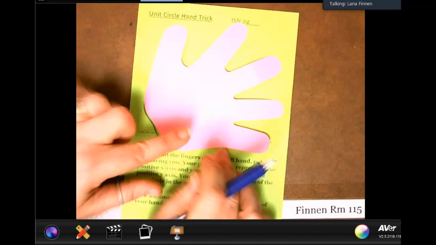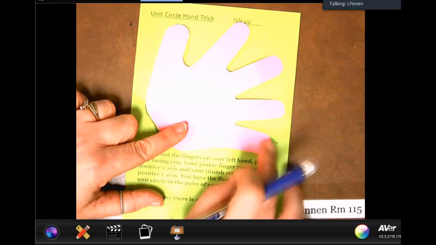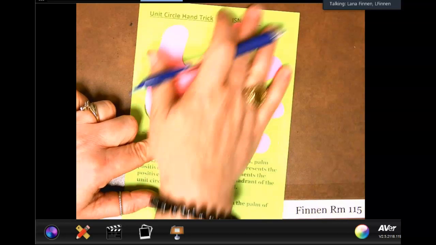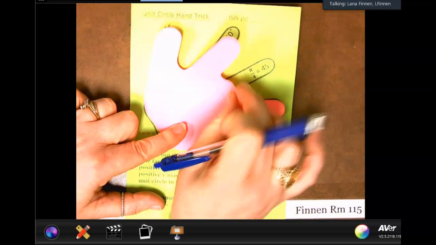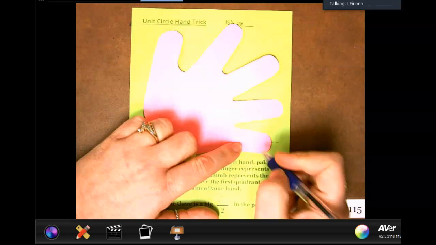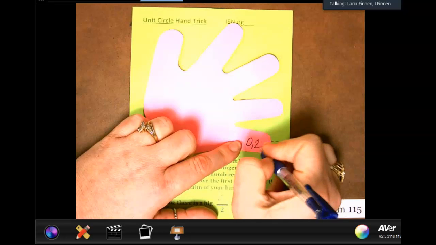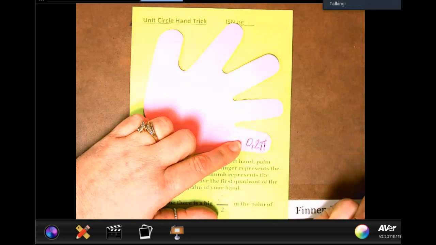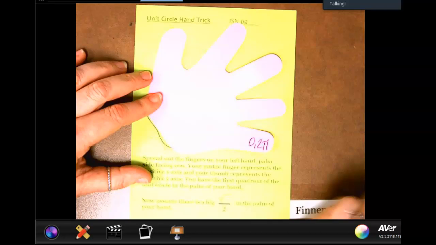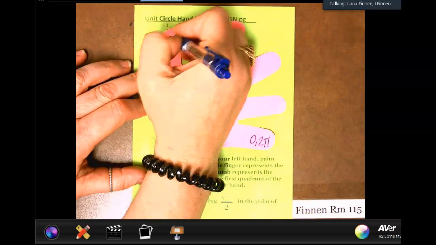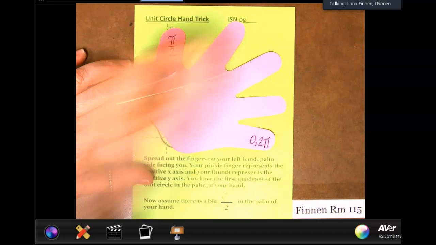So we're going to label our angles then. On the outside of this hand with it completely flat, but again, my fingers are not glued down, I'm going to write the angles. So my angles here, this is 0 or 2 pi. My thumb would be at pi halves because it's on the y-axis.